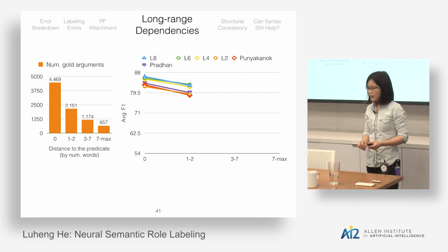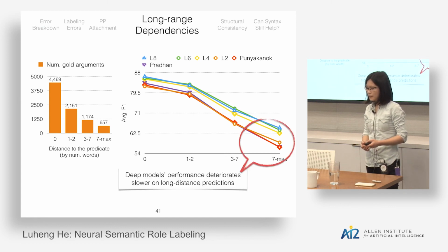And we compare between our models with different layers as well as two previous models. We can see the model's performance deteriorates pretty quickly as the arguments get farther away from the predicate. And from the plot, we can see that the deeper model's performance deteriorates much slower on long-distance arguments.